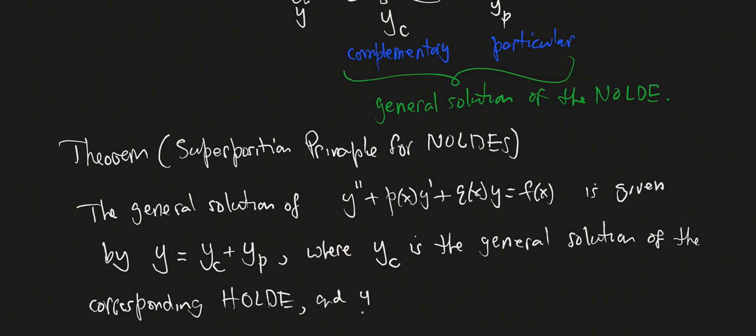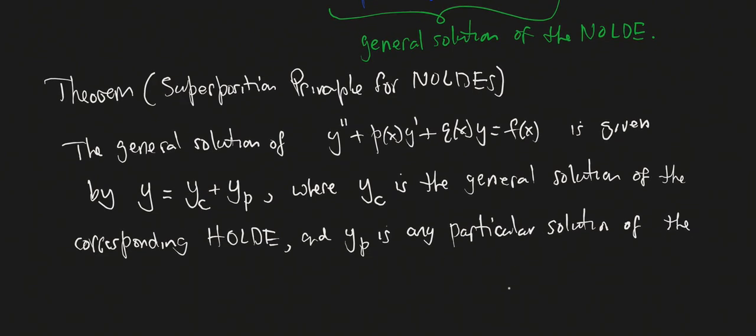And y sub p is any particular solution of the non-homogeneous differential equation. So this is where we're going to have to figure out, how do we find this y sub p? So there we go.